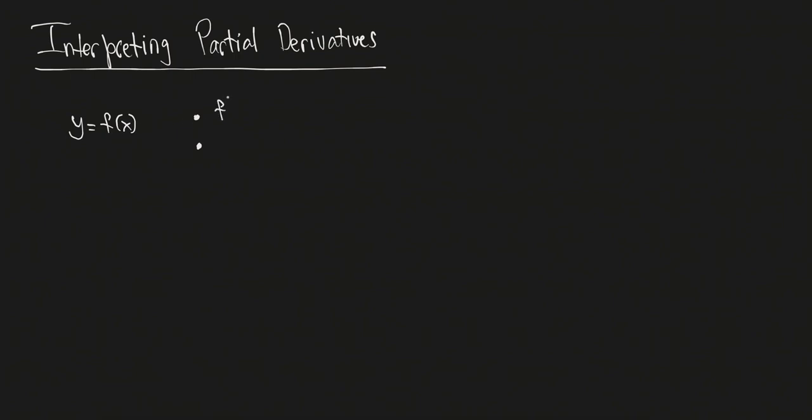So let's say we take f prime and evaluate it at a particular number, f prime of x0. This represents the instantaneous rate of change at x equals x0, right?